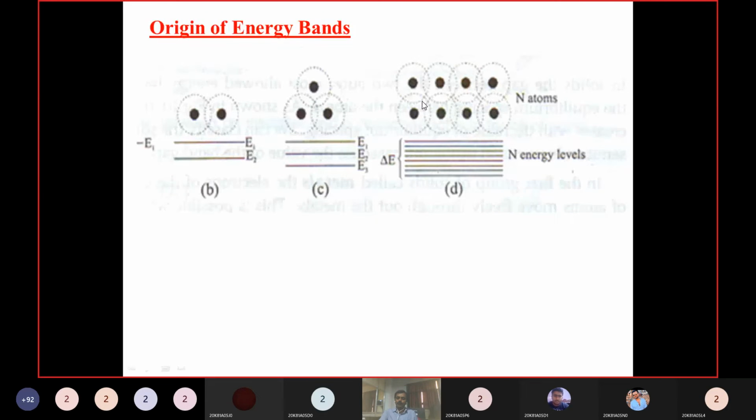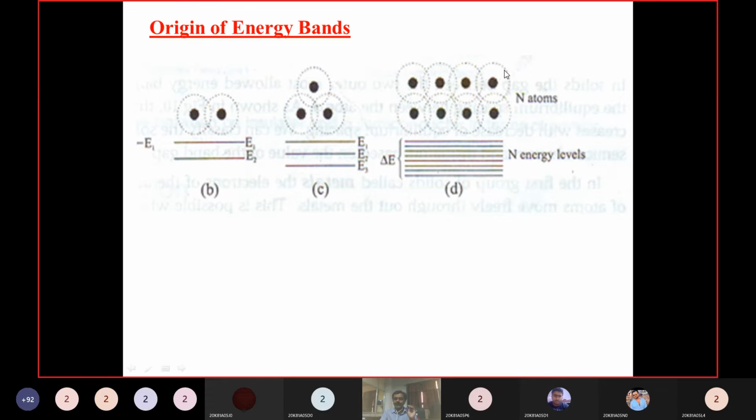If you give a little amount of energy to these electrons, they are free to move inside the atom, from here to here. The outer shell electrons we call valency electrons.